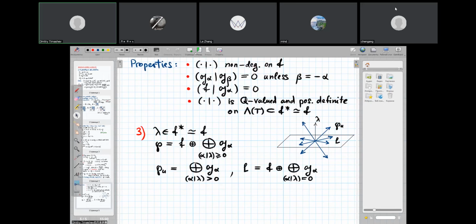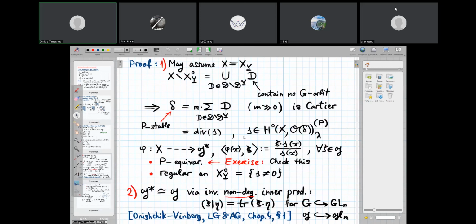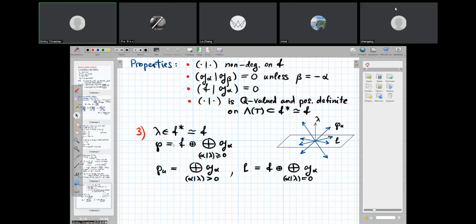Well, let's proceed with the proof. So we have the section S, which is a P semi-invariant vector in the space of eigenweight lambda. Let me mark this as the fourth step in the proof.